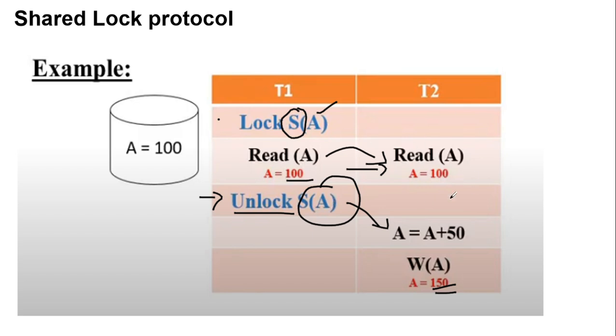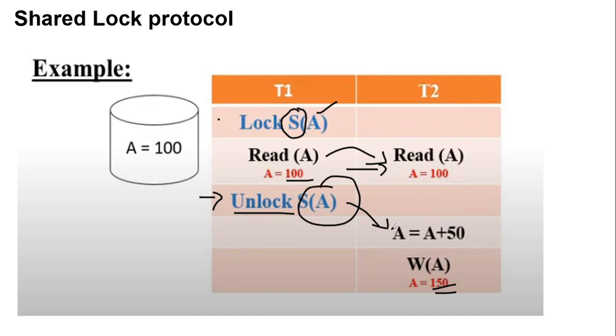So accessing the data is possible, but manipulating the data is not. If T2 wants to manipulate the data, then T1 needs to unlock it. That is why, after the unlock, T2 was able to manipulate the data.